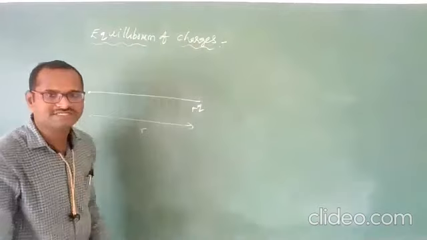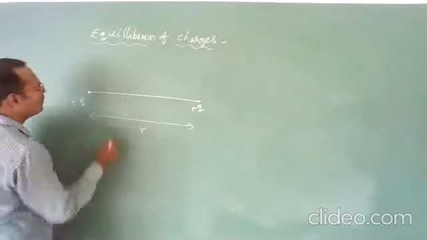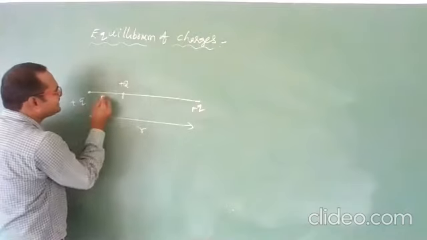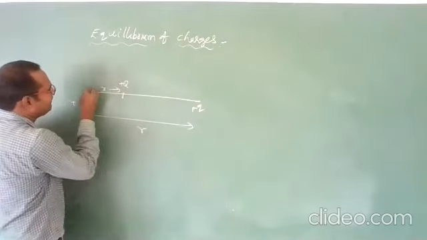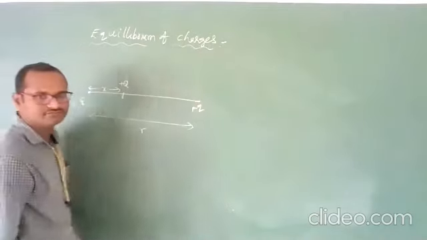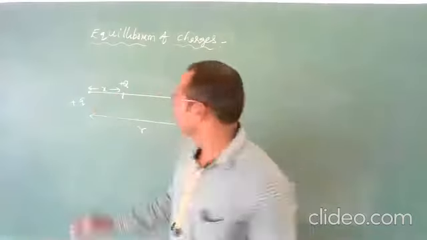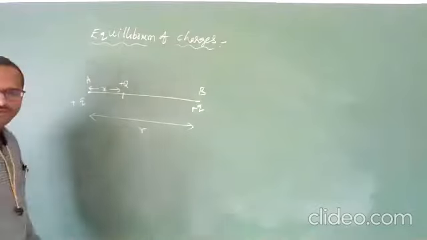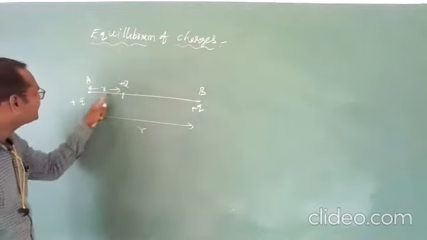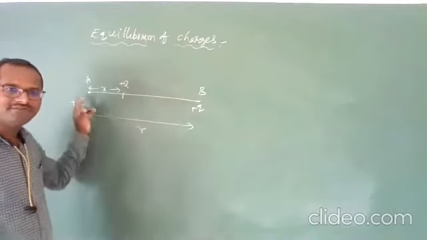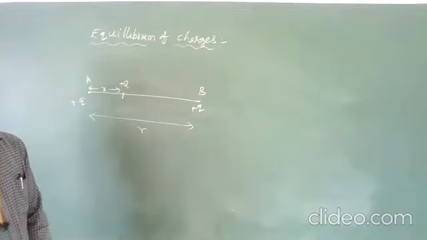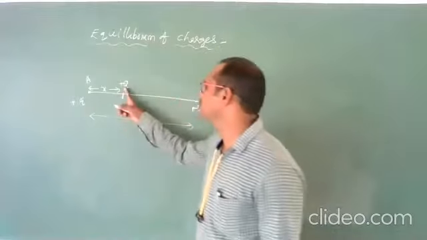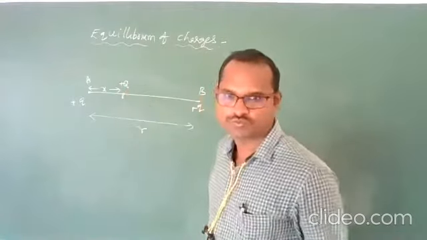Now let us keep a charge plus q at a distance of x from the first charge, from point A. This is point B, let us suppose. Let us keep the plus q charge at a distance of x from the charge at A.